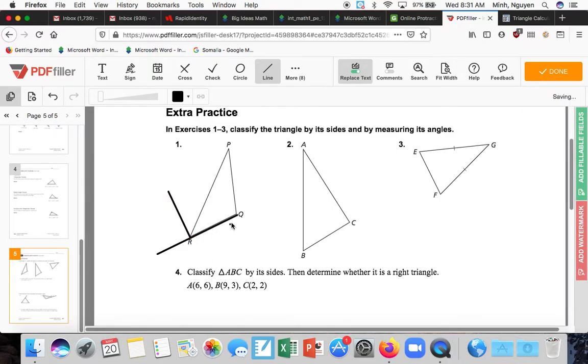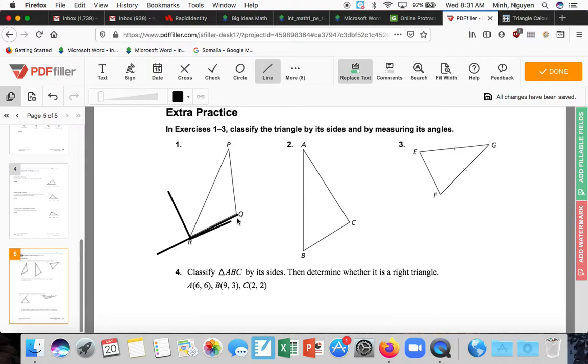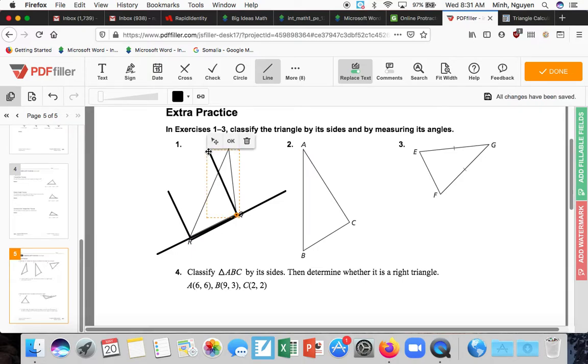So we can look at angle R and ask, does it even reach the 90 mark? Oh no, it doesn't. If I was looking at Q, this is going to be the 180 mark, and to split it in half, this would be about 90 degrees. Is angle Q greater than that?